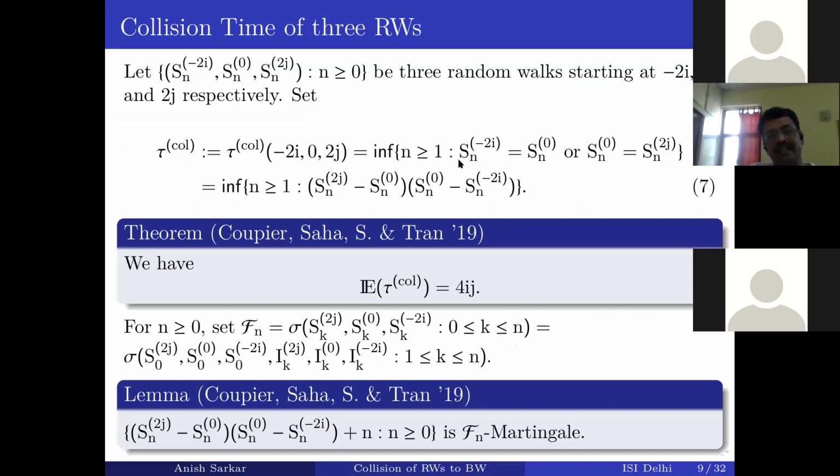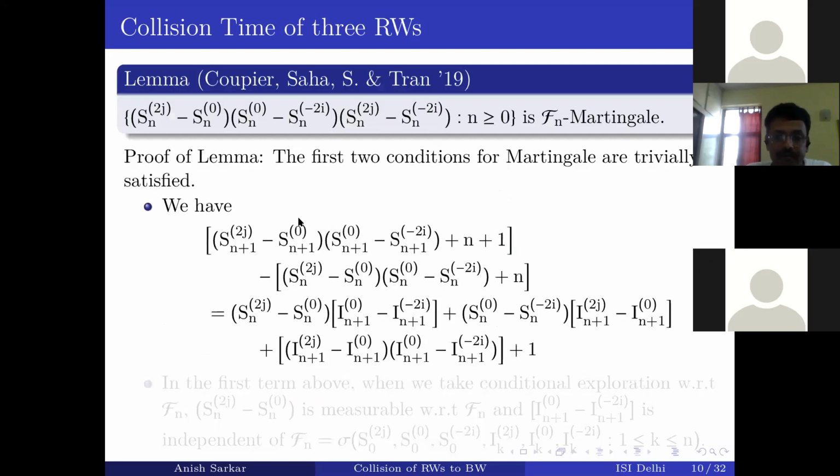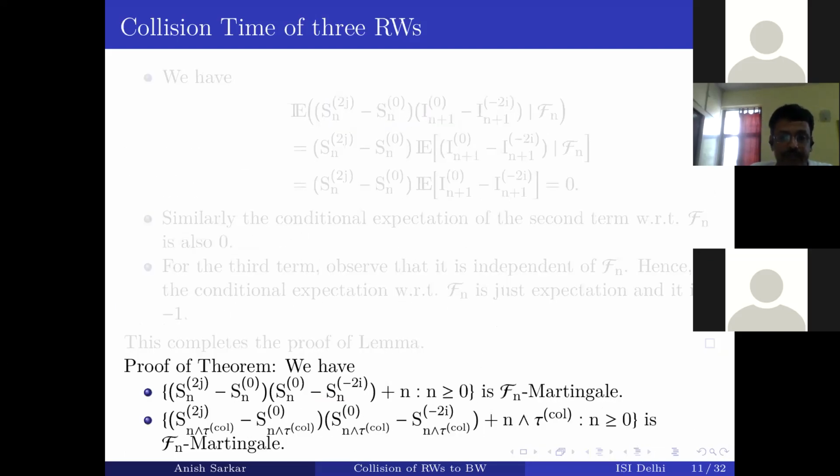Clearly you can see that this is determined by the process up to time n. Whether tau equals n or not, these are only random variables, this product is not 0 up to time n minus 1, and this product is 0 at time n, and all of these random variables are Fn measurable. So therefore, this is an event in Fn. So this is a stopping time.